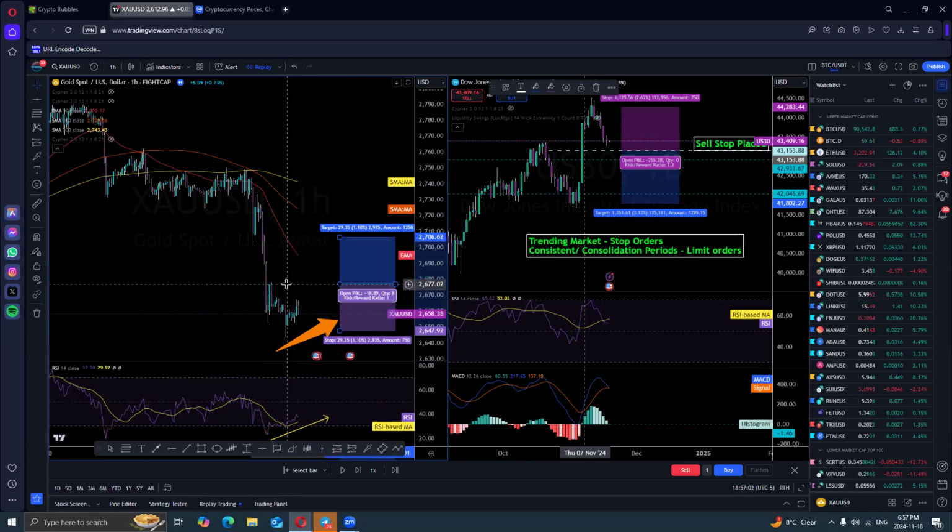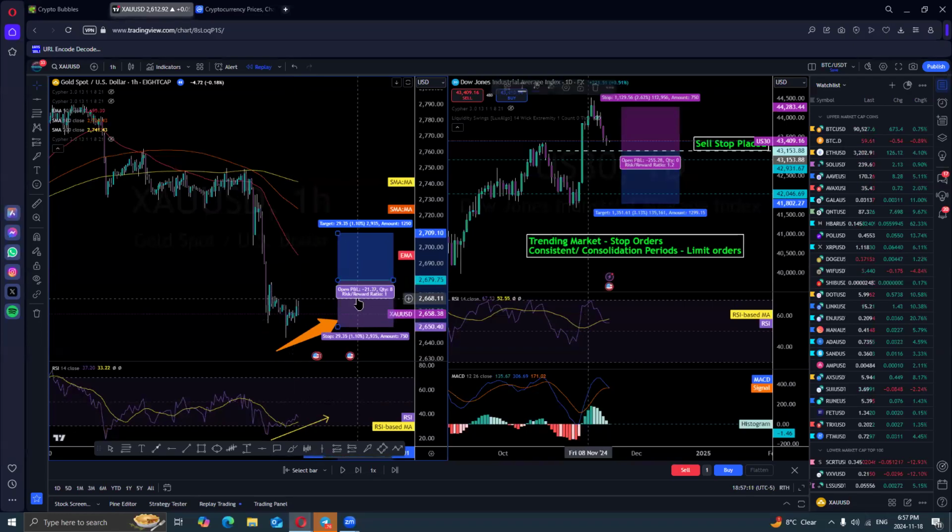So in this scenario, we're looking at about 20 to 30 points above. So we're going to place it about 30 points above the market. And we're going to try to capture this buy stop. So this is a buy stop order.